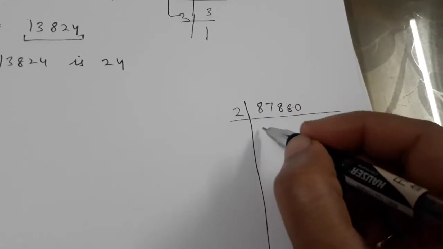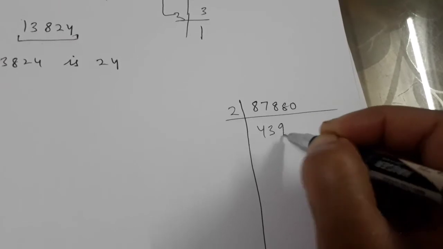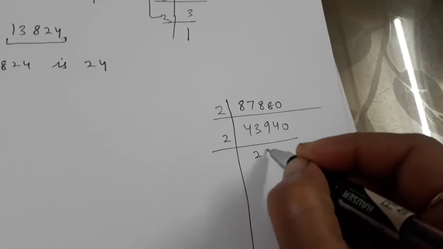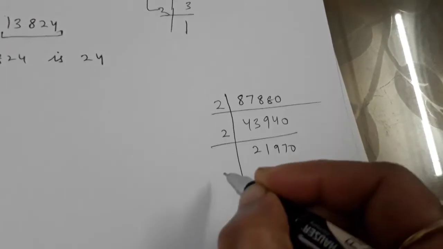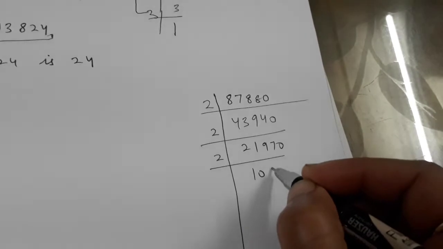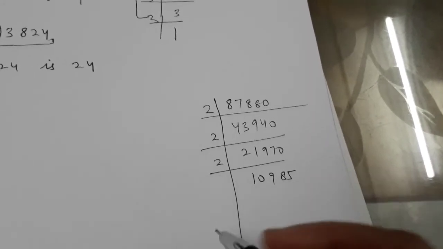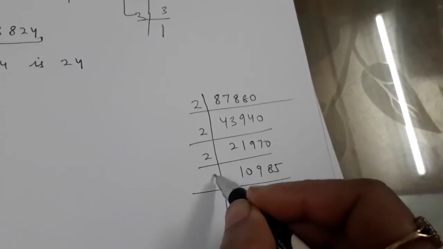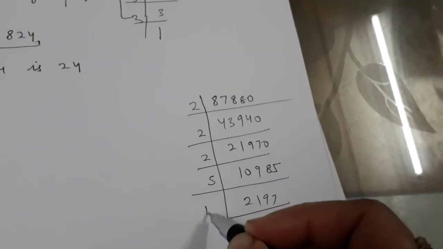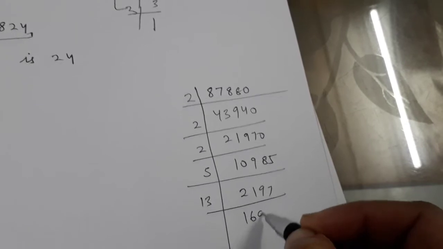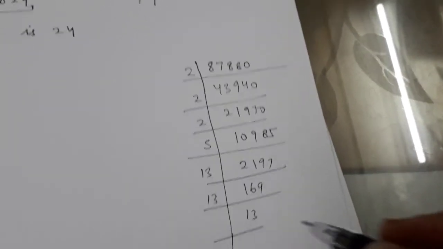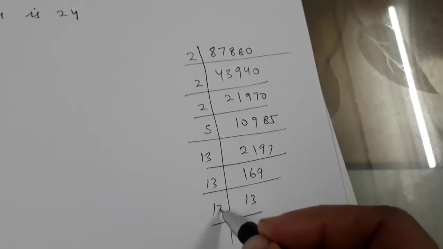It will go by 2, 43,944, again 2, 21,972, again 2, 10,986. It will go by 5 now, 2197, and it will go by 13, 169, 13 13s are 169, and it will go by 13 only.